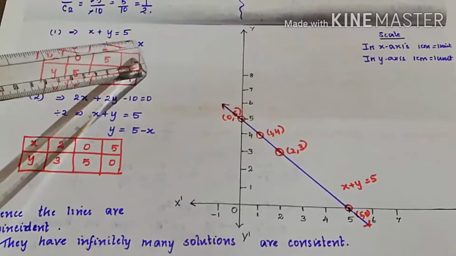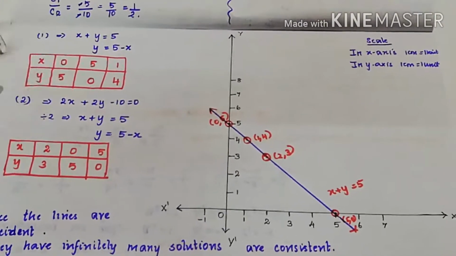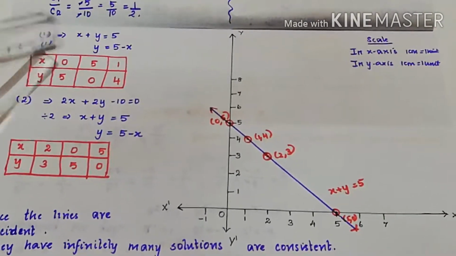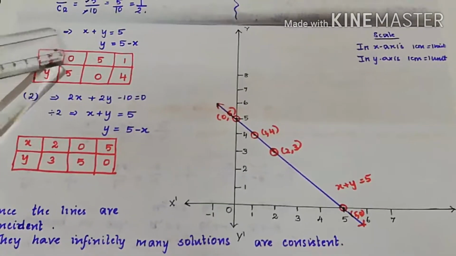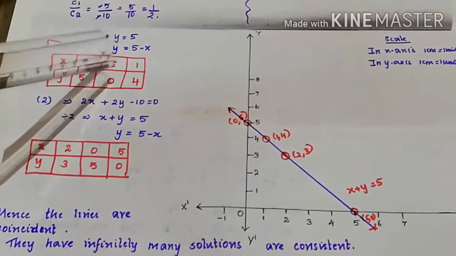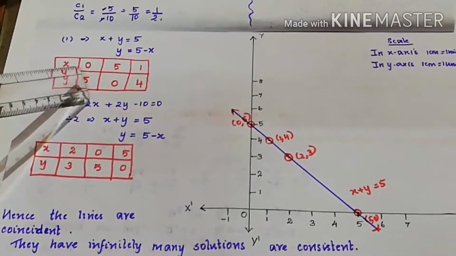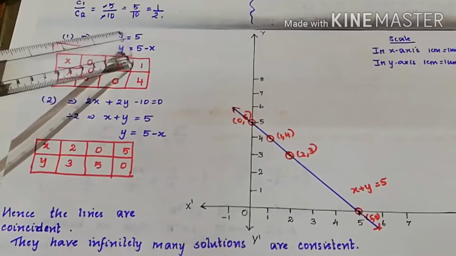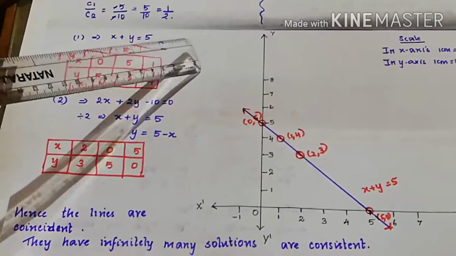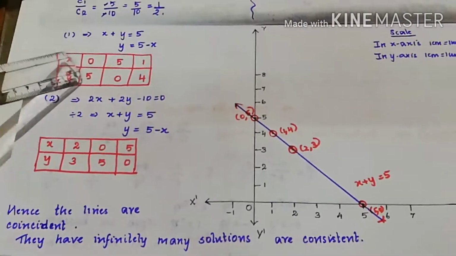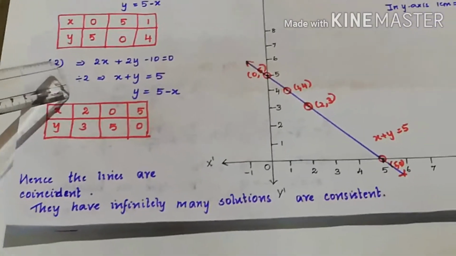Assume some x values. You can take 2 values or 3 values. Here I have taken 3 values. If you take x value as 0, you get y value 5. If you take x value as 5, y is equal to 0. If you take x is equal to 1, then y will be 4. The calculation part you can do in a rough column or do it directly also. So this is the first table. Now come to the second equation.